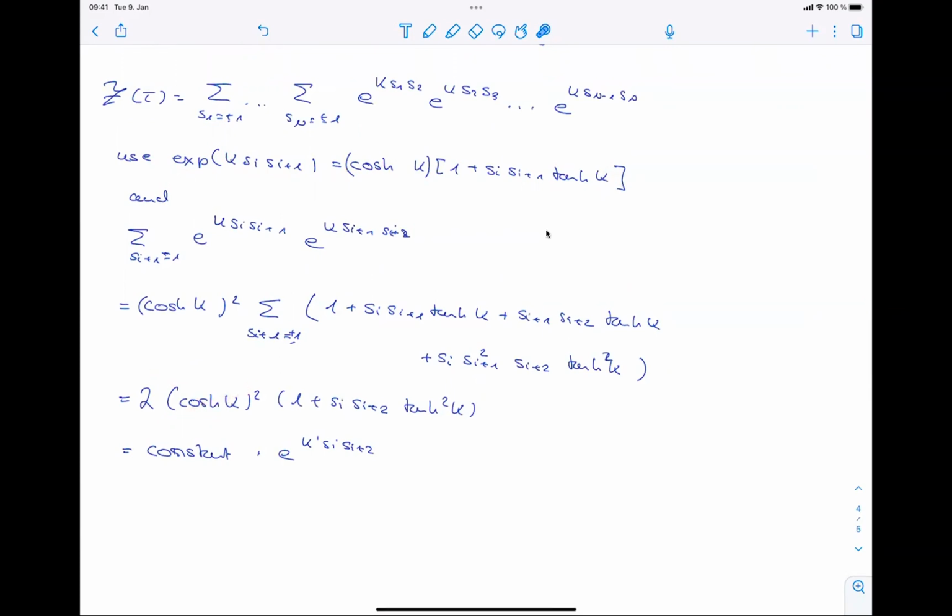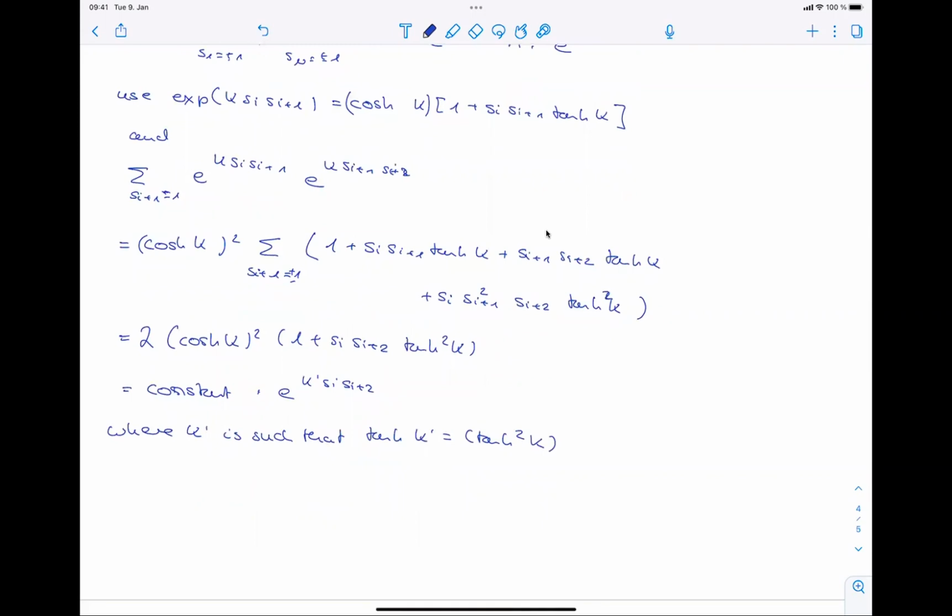We ignore these constants, and we identify that here we now have s_i s_(i+2), but instead of a tanh k, we have a tanh squared k. So if we rewrite it in terms of the exponent, I have a k prime here, where k prime is such that tanh k prime is tanh squared k.